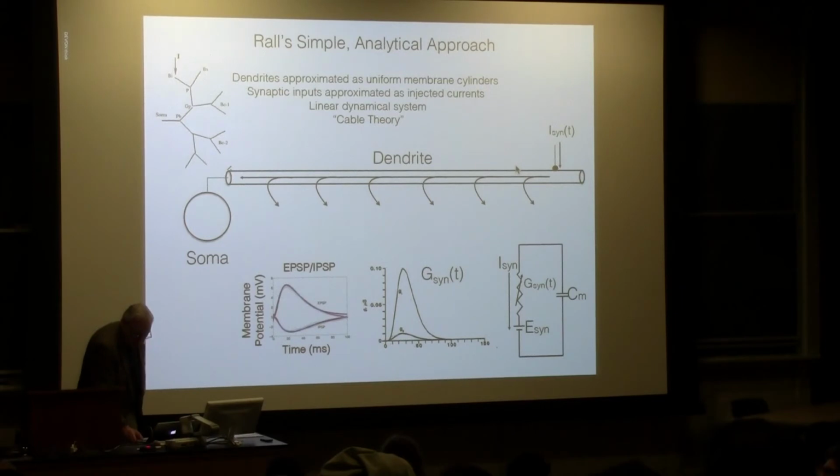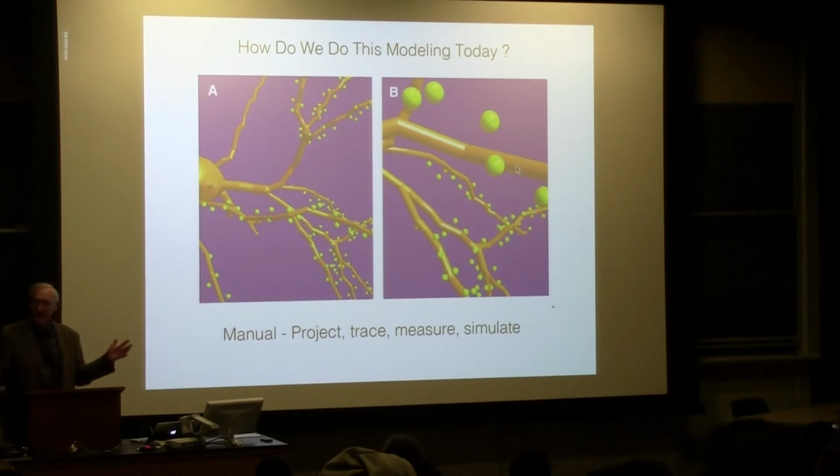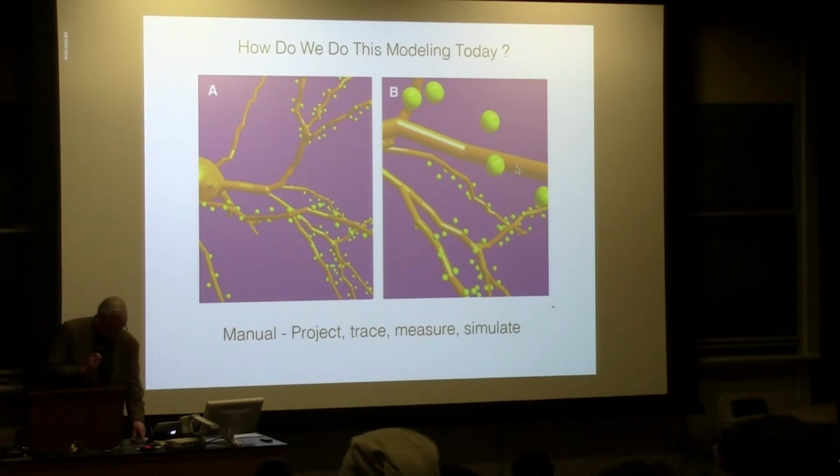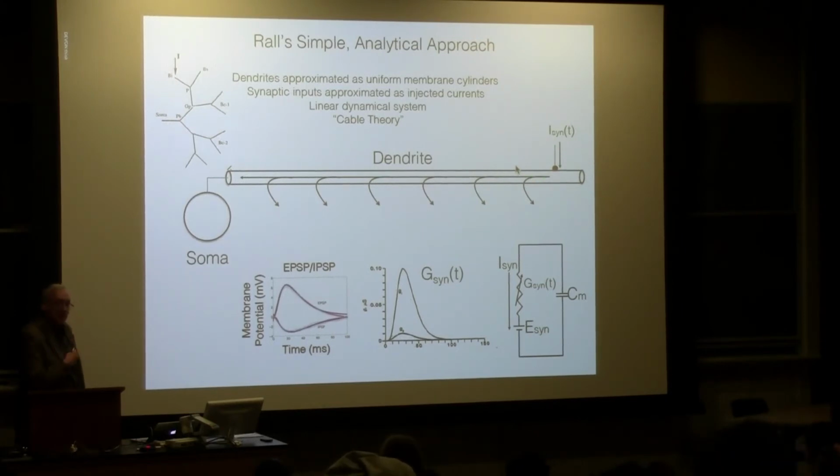And so he simplified the problem as much as he could. In so doing, he was able to work out closed-form mathematical solutions for, let's go back, not just the problem of, given a current injected here, what's the distribution of voltage along this membrane, and in particular at the soma.